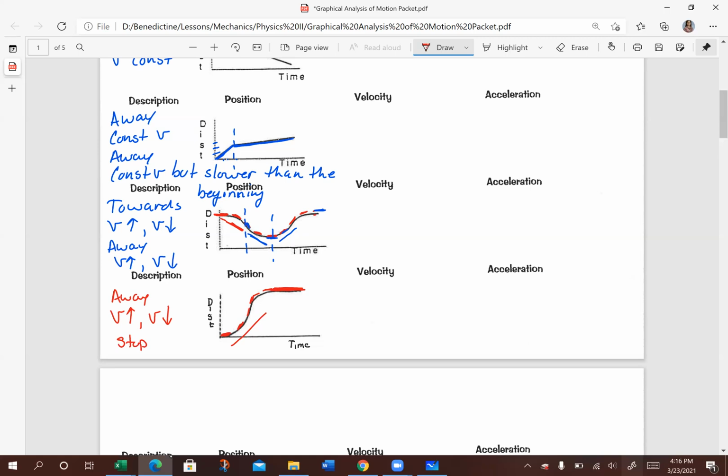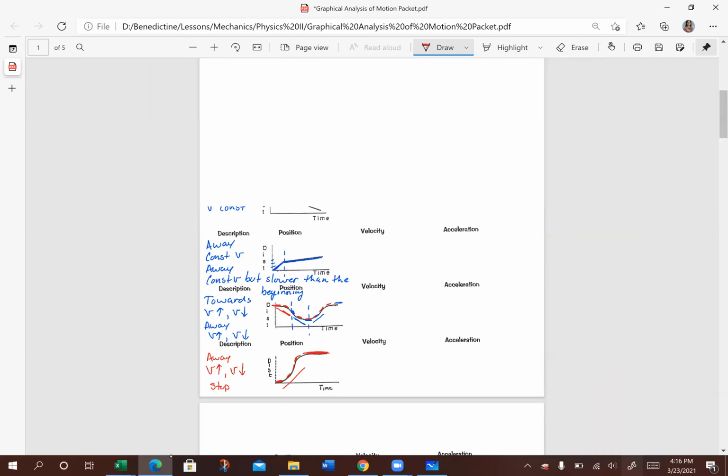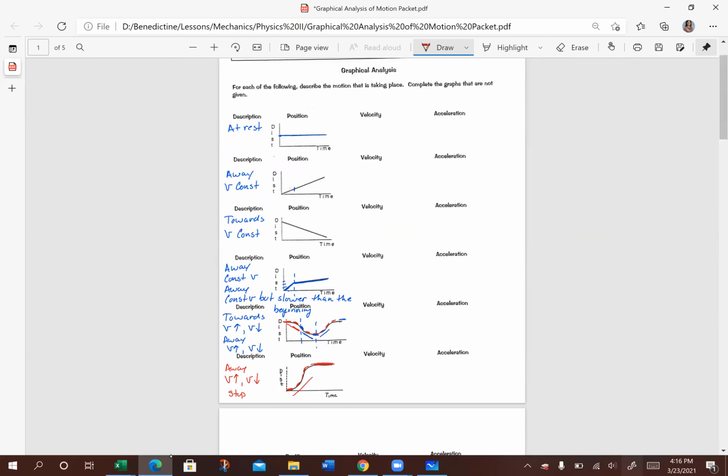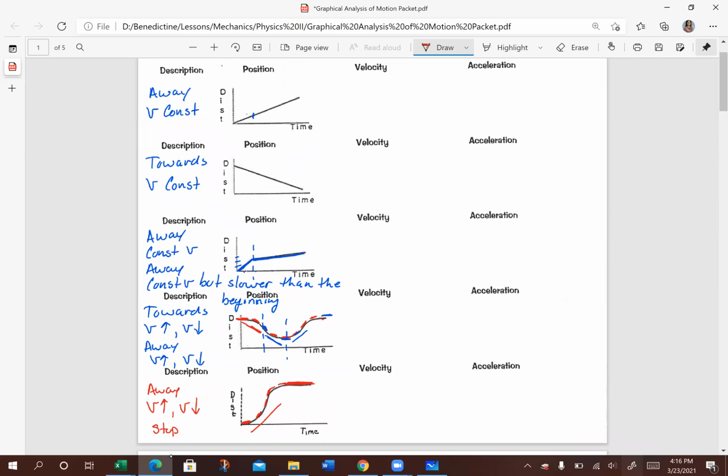Right? So just as we take a look at the slope of a position curve is going to describe our velocity. So now we can actually go in and write, well, what's happening to our velocity here? So whatever I draw under my velocity graph would represent my slope of this. So however I describe what's happening is what I can be able to draw in my velocity graph.